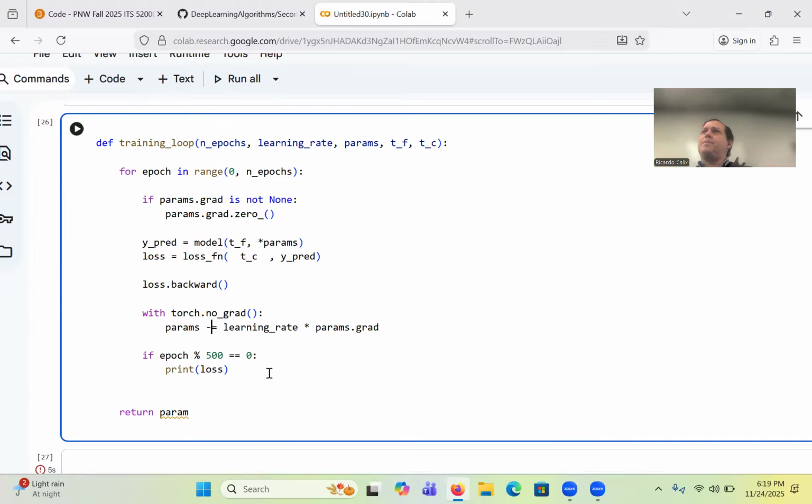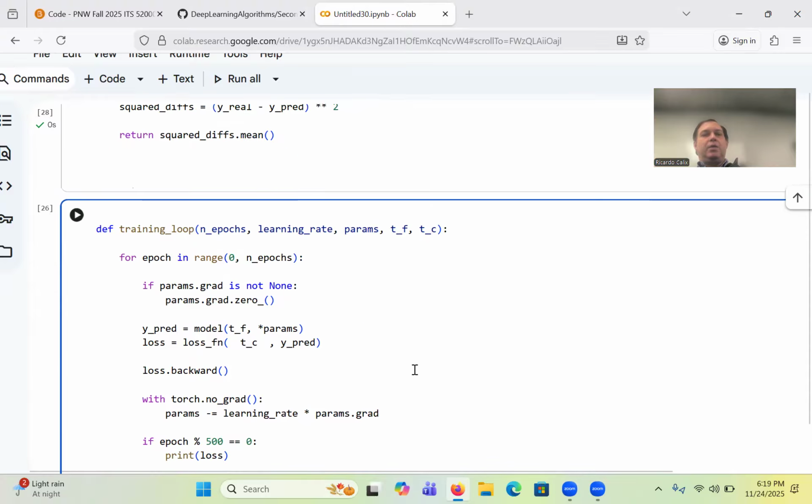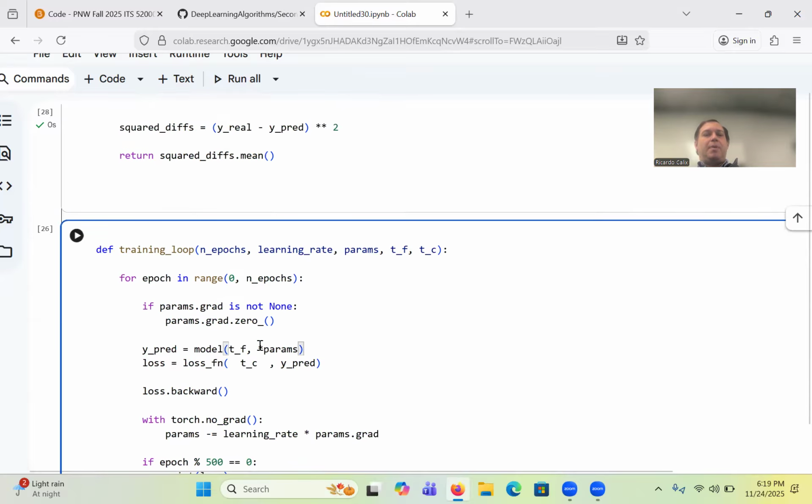That's what broke it. Logically, as I was saying, that should be fine, but there's some technicality going on. Perhaps I'm passing params as a pointer, and that was starting to break it somehow. It's since, so with torch no grad.